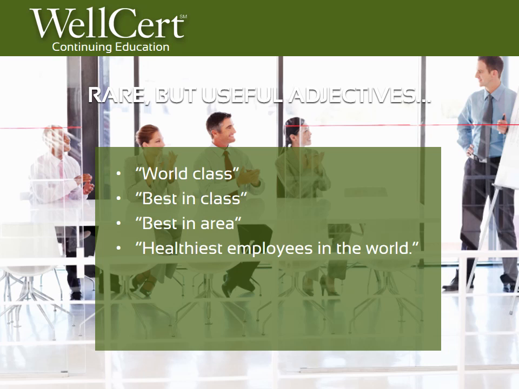We might want to be like Johnson & Johnson. They took on this particular adjective and said, we want to have the healthiest employees in the world. So that's a pretty significant commitment. It oftentimes then gets to the outworking, which is the way in which you are going to do a lot of things that are health or population health oriented.